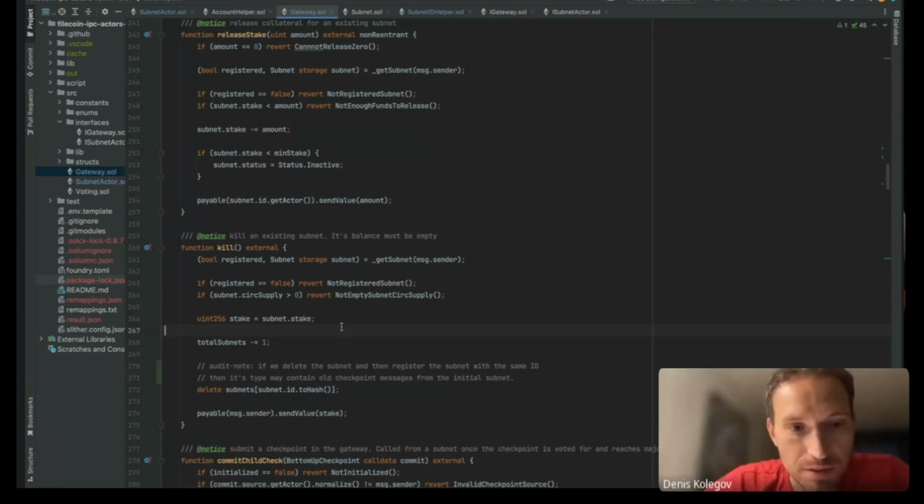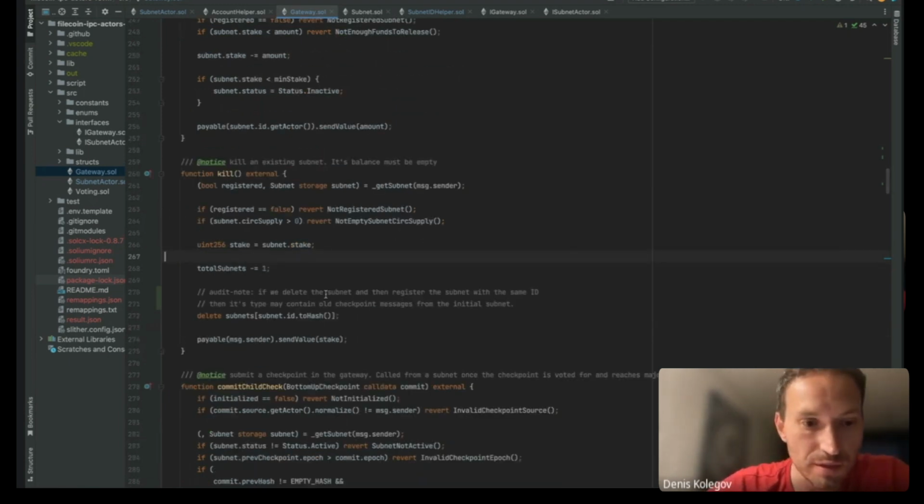Yeah, so circulating supply is increased when we fund addresses on that network.